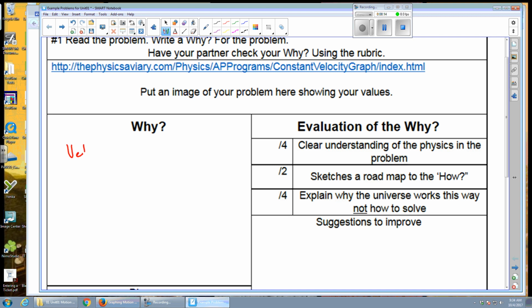So something like velocity is the rate the displacement changes.